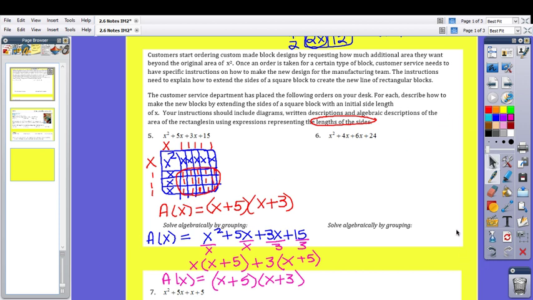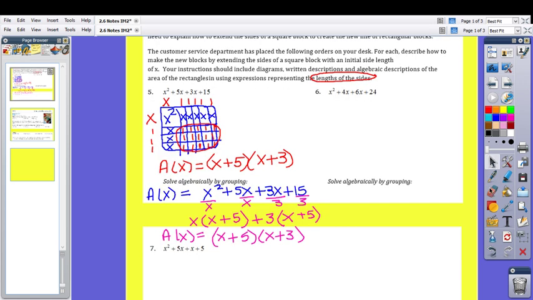Let's do one more. In this one, again, we will make the area model.